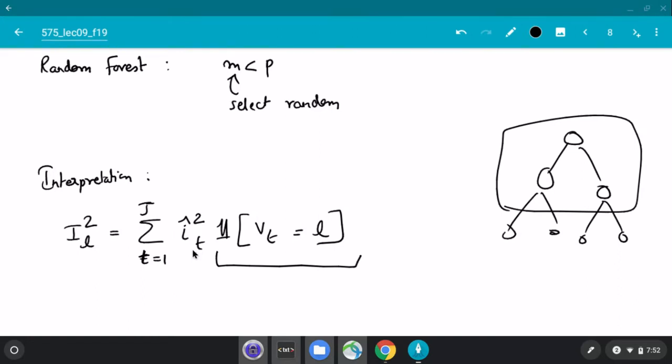First of all, I didn't extend this to random forest. A random forest is an average over all trees. For the same variable, in this case variable L, you have one score like this per tree, so you can just average over all the trees, or actually sum over all trees, to get the total score.